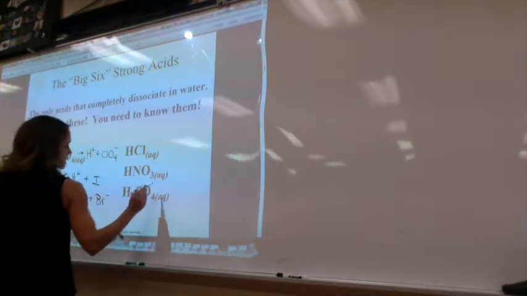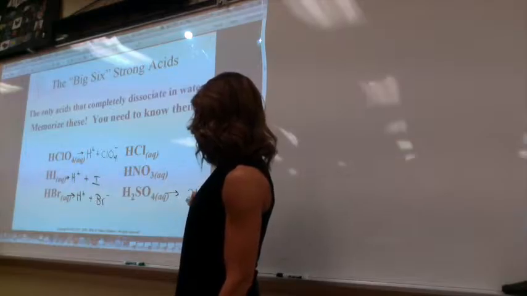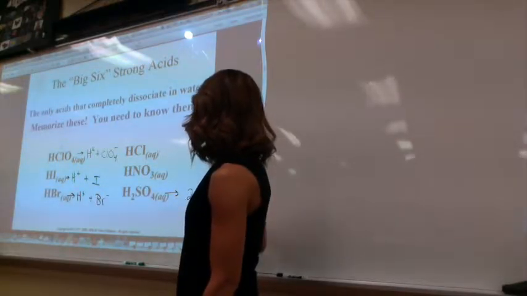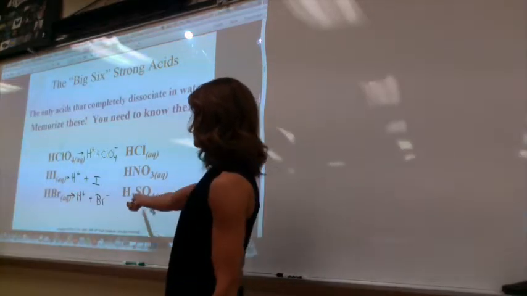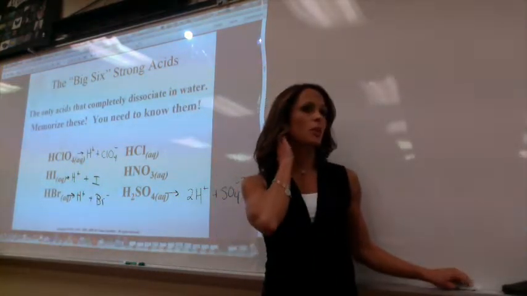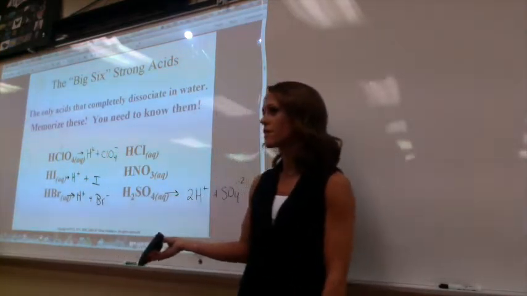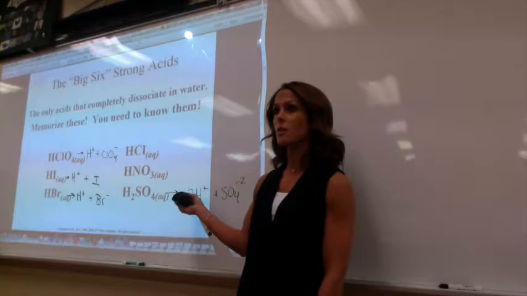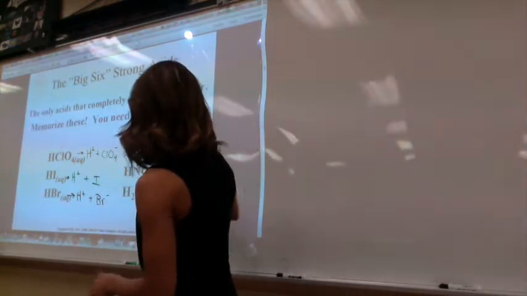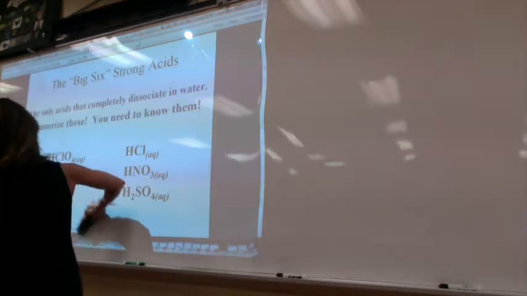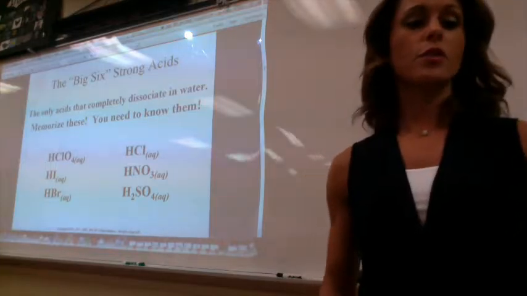What would you do for this one? 2 H pluses plus SO4 2 minus, right? So technically this is going to produce a more acidic solution because you would have more H plus floating around. If I had 1 molar concentrations of all of these, this is going to dissociate to give me double the amount of moles of H plus. And so when we calculate pH, which we will soon, pH is completely dependent upon how much H plus is floating in a solution. Good so far?